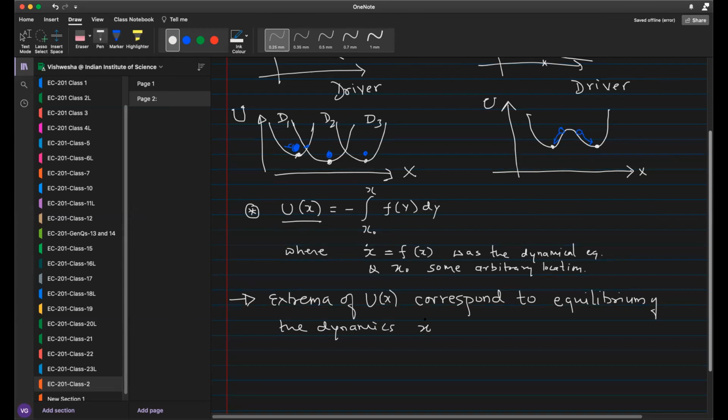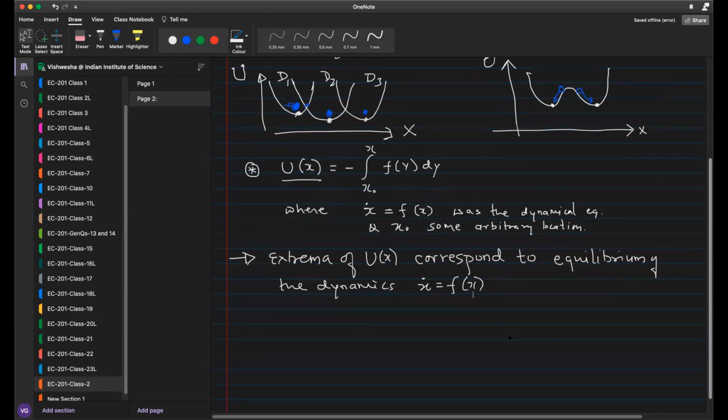Do all of you understand what extrema of u of x are? Extrema means either minima or maxima. Just think about whether this makes sense intuitively. What does equilibrium correspond to? Equilibria are given by roots of f of x. Wherever f of x is 0, those are the equilibria.